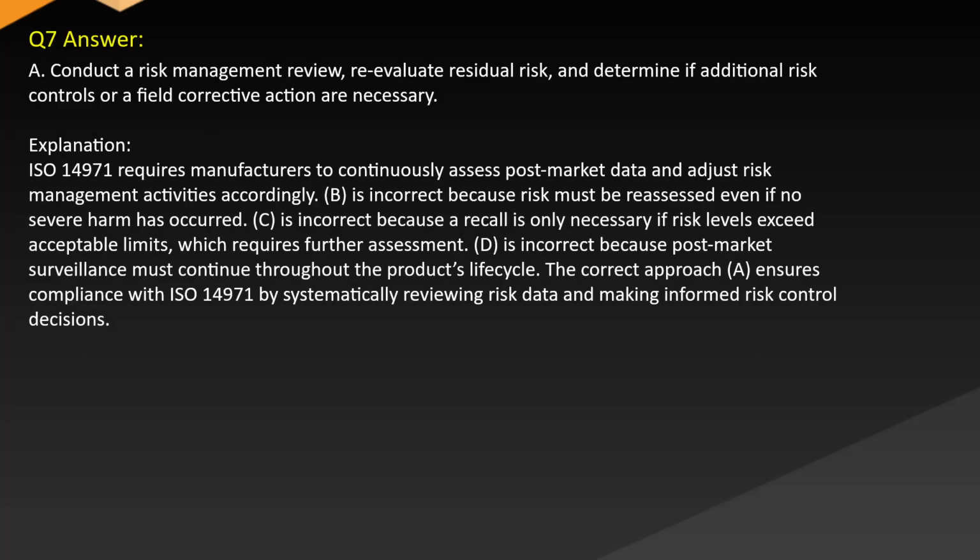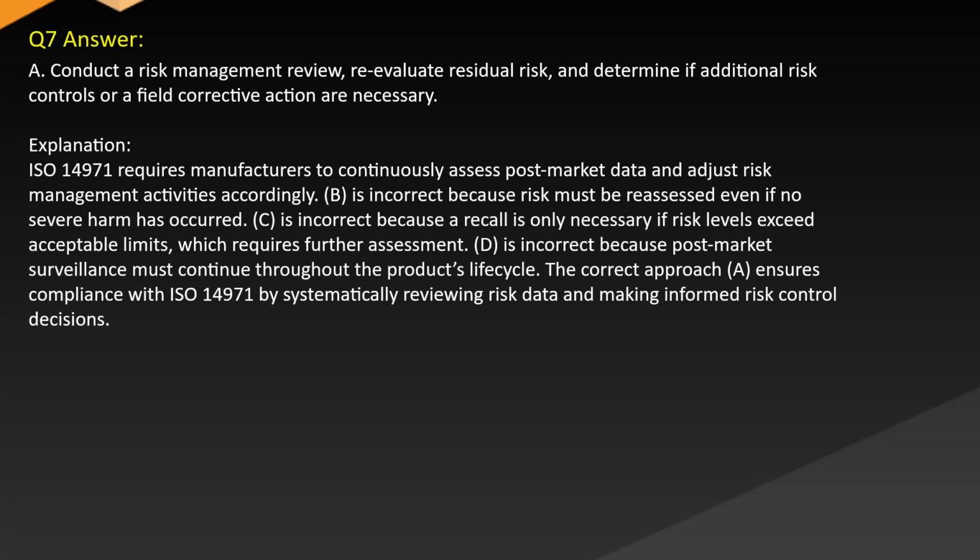Answer A. Conduct a risk management review, re-evaluate residual risk, and determine if additional risk controls or a field corrective action are necessary. Explanation: ISO 14971 requires manufacturers to continuously assess post-market data and adjust risk management activities accordingly. B is incorrect because risk must be reassessed even if no severe harm has occurred.